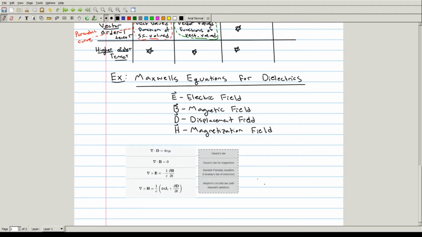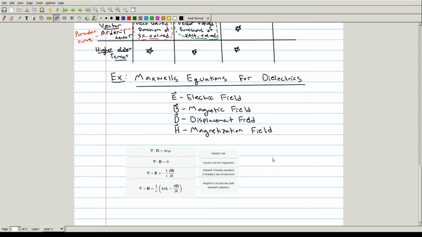So this first equation is called Gauss's law. The second equation is called Gauss's law for magnetism. The third equation is called the Maxwell-Faraday equation, or Faraday's law of induction. And the fourth Maxwell equation is called Ampere's circuital law with Maxwell's addition.